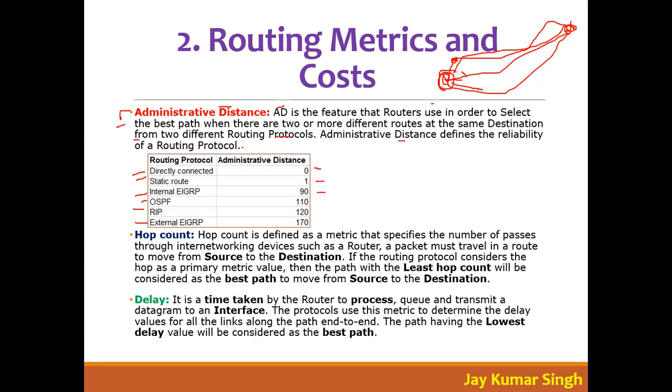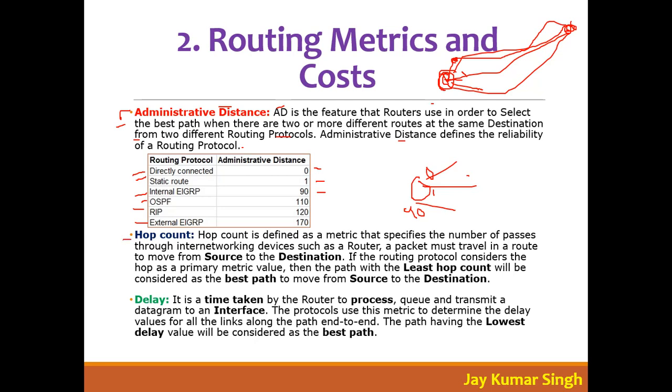So suppose this is your router, and it is connected to this destination with three protocols: one is 0, one is 1, and one is 90. Which one will you take? 0, because that is the lowest. So these are the administrative distances, which define the reliability between the routing protocols, that is, which is reliable.